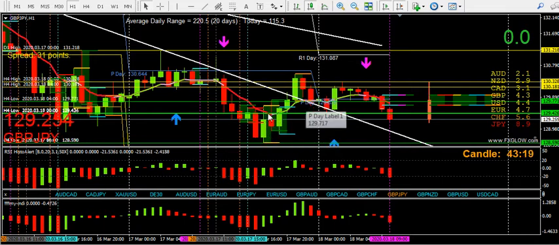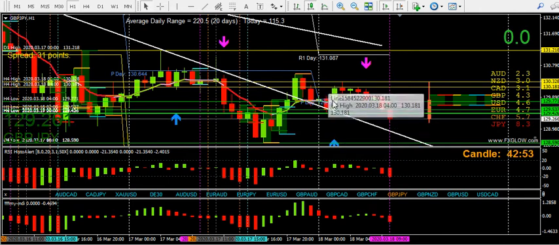So now we can draw the H1 lows here, below the price, and most importantly here, which was below the price on my entry.